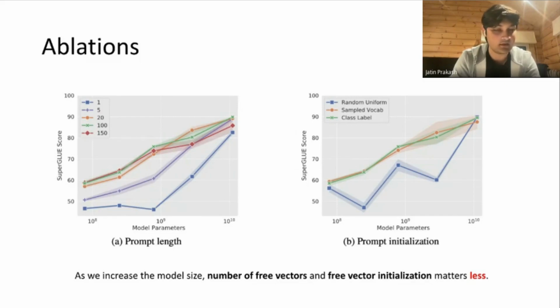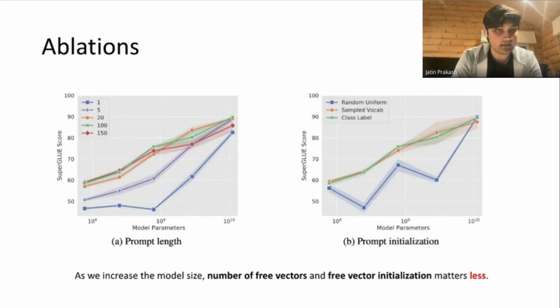The blue curve means we only optimize a single free vector, and it shows how performance varies on the SuperGLUE development set. The expected trend is that for a given model size, as we increase the number of free vectors, performance goes up because we have a lot more parameters to learn for a given task.